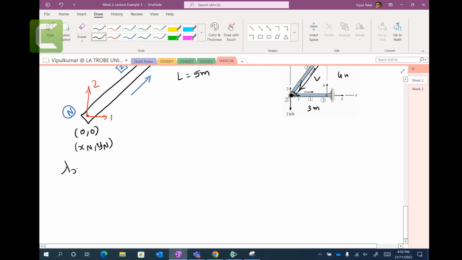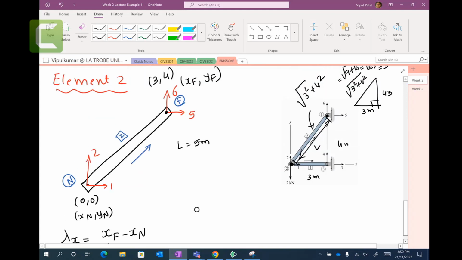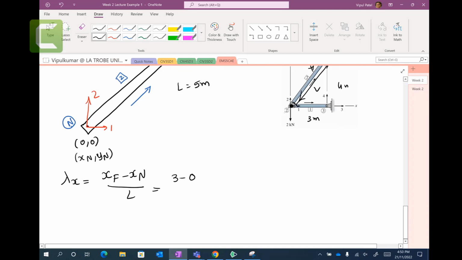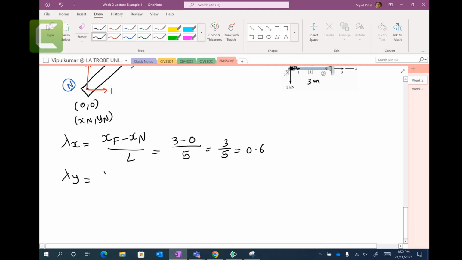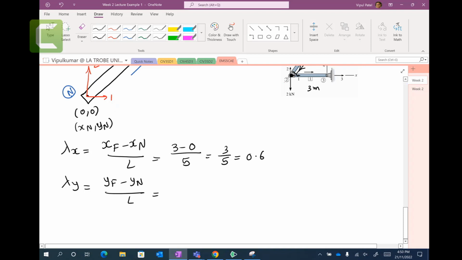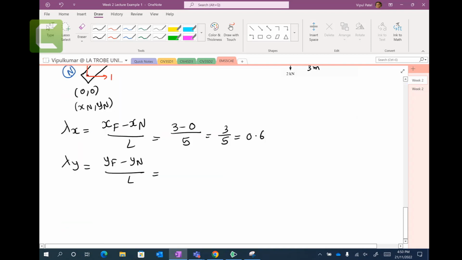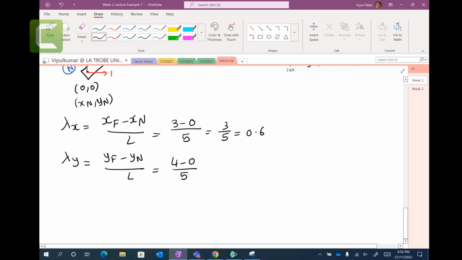Similarly, lambda x is equal to xf minus xn over L. xf is 3, take away 0, over L, which is 5, so 3 over 5, 0.6. Lambda y is yf minus yn over L. yf is 4 minus 0 over 5, so 4 over 5, 0.8.